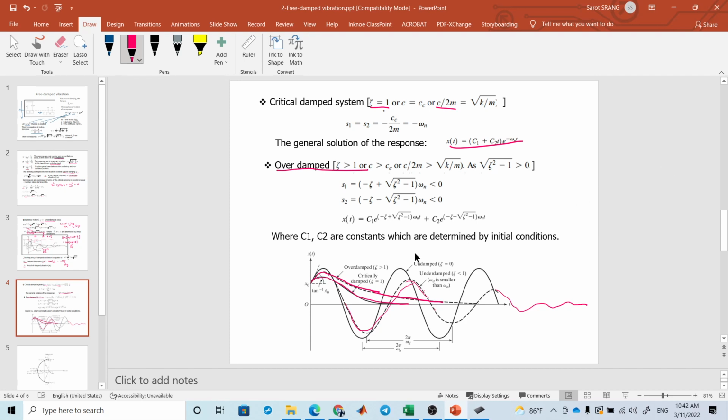And for undamped, the black one here, it means you take out the damper. Once you start, you pull from 0 to a certain displacement, and you release it, then it vibrates forever, oscillates forever, like that.